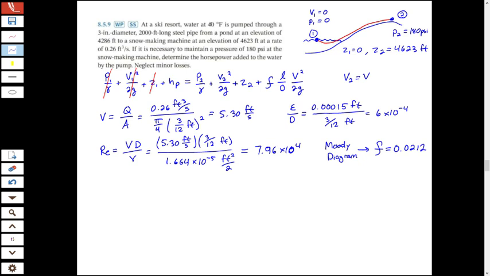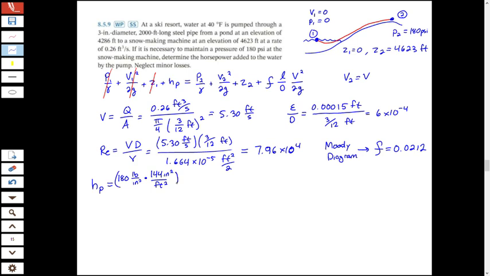Now the next thing that we can do is we can go ahead and start plugging in to our expression and solving for the pump head, and then we'll convert it to horsepower later. So the pressure in this case is 180 pounds per square inch, but we need to multiply and get rid of the square inches and convert it over to square feet.